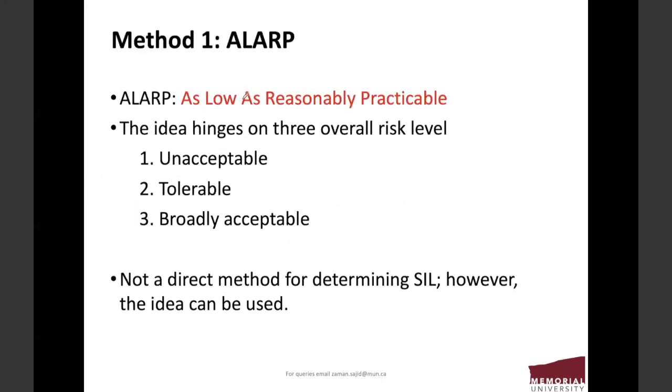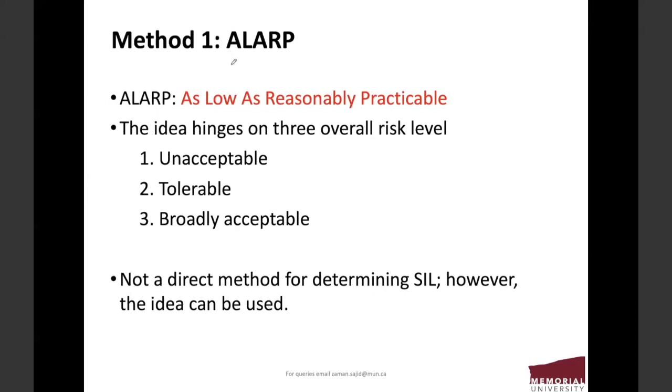The first method is ALARP, which is as low as reasonably practicable. The idea hinges on 3 overall risk levels: unacceptable, tolerable, and broadly acceptable. This one mostly comes from the UK. It is not a direct method for determining SIL, however, the idea can be used.